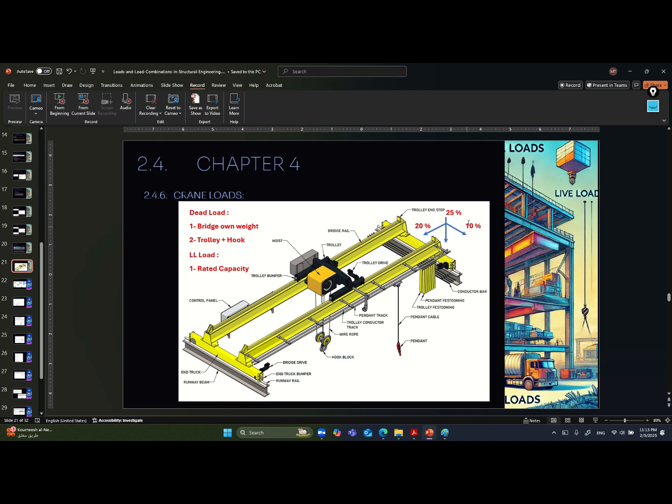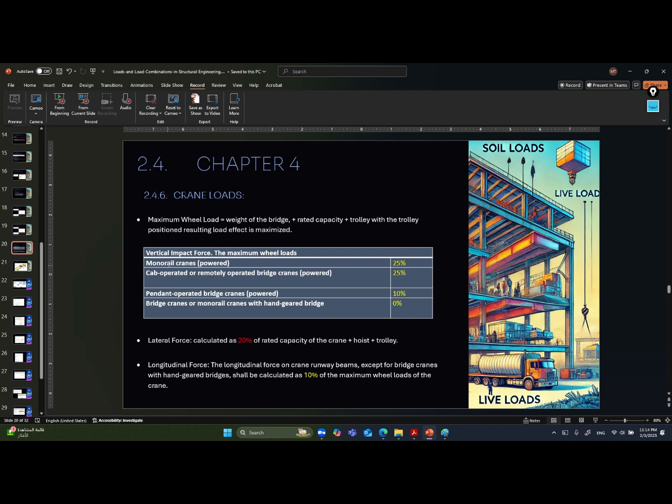Okay, and as you can see, I summarized the factors, the impact factor for these loads. So when the trolley is positioned here, near this support, the factors that you are going to use for the vertical impact force depend on the type of the crane.